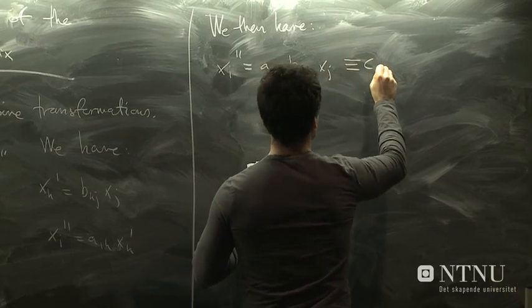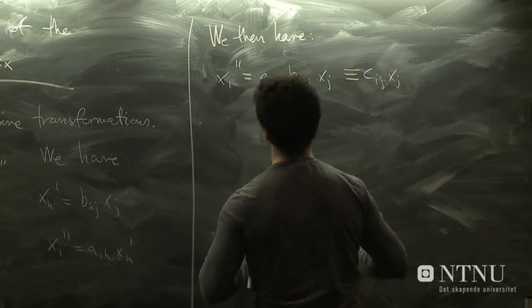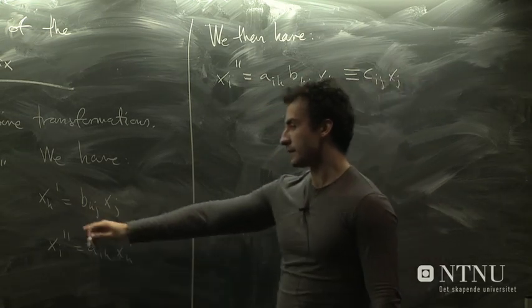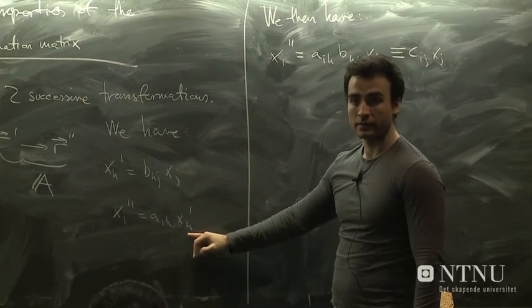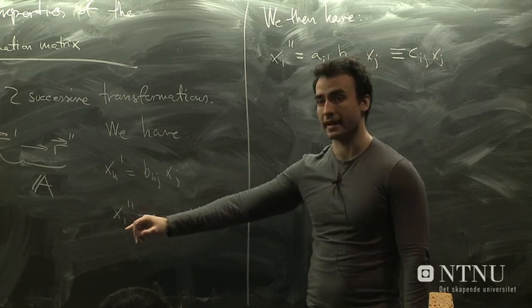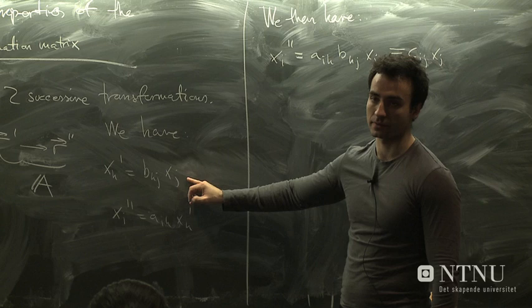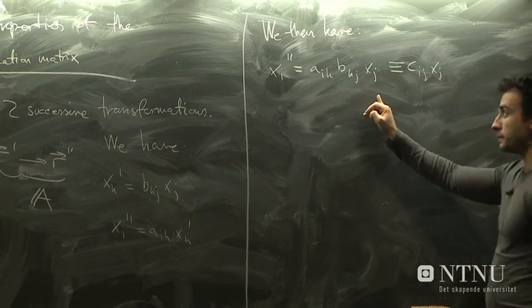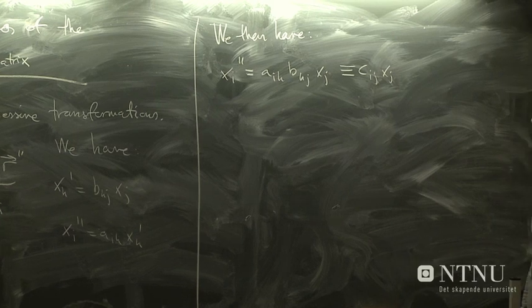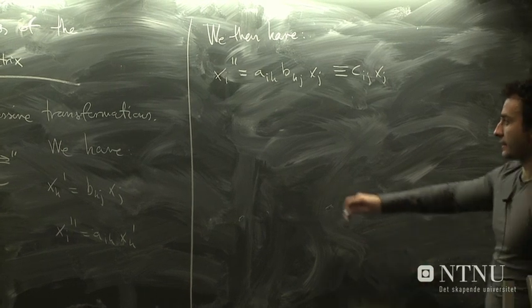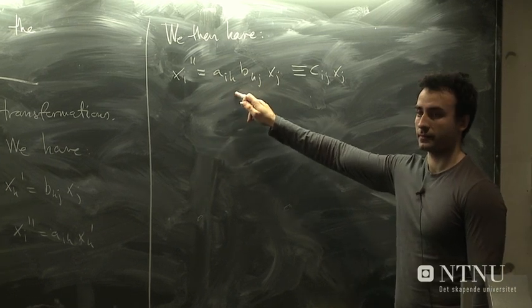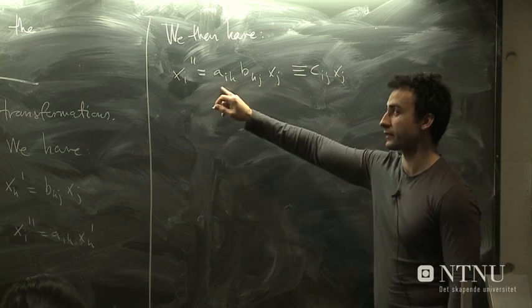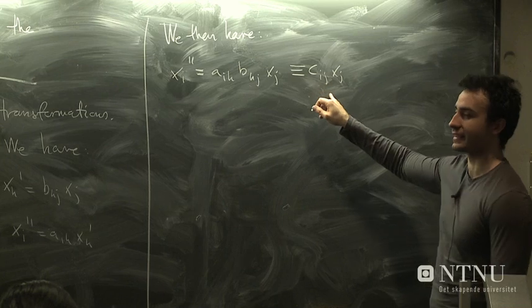If I now take this expression for xk prime and insert it here, I get an equation which directly relates x double prime to the unprimed quantity, like so. And keep in mind, this is a sum, because we have two repeated indices. So I define this as Cij.